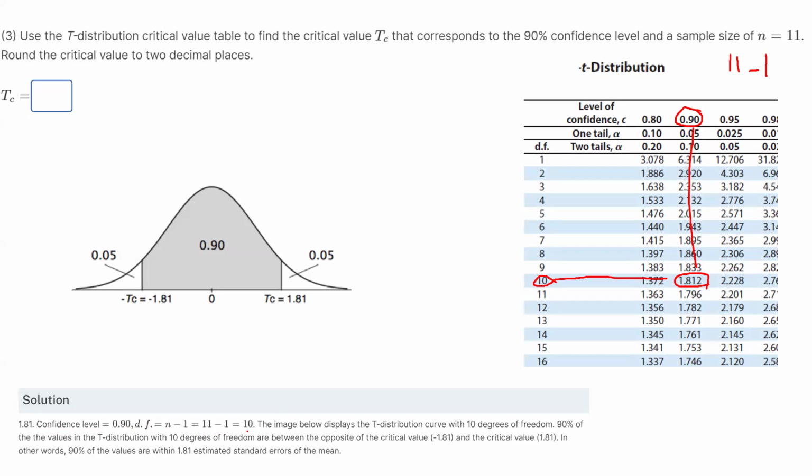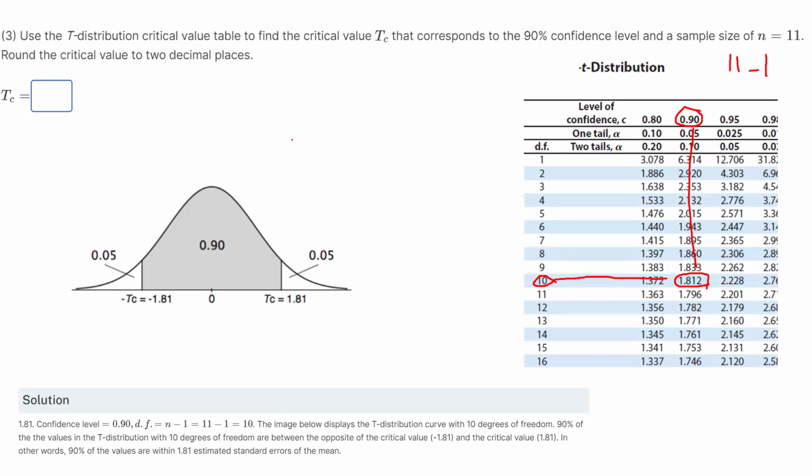The image displays the t-distribution curve with 10 degrees of freedom. 90% of the values in the t-distribution with 10 degrees of freedom are between the opposite critical values, negative 1.81 and positive 1.81. In other words, 90% of the values are within 1.81 estimated standard errors of the mean.